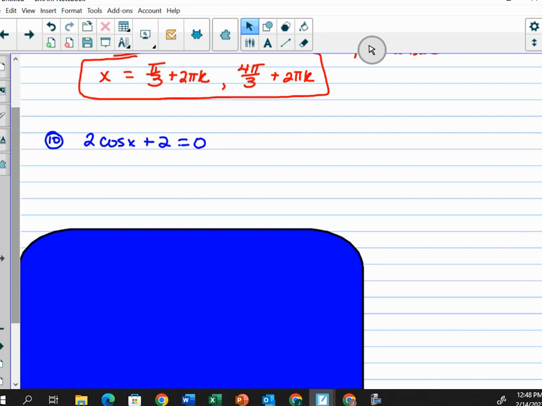Okay. k is, if k is 1, you go once more. If k is 2, if k is 3, if k is 4, if k is 97, if k is negative 112. k is integers, okay? That's why you could never list all of these answers.